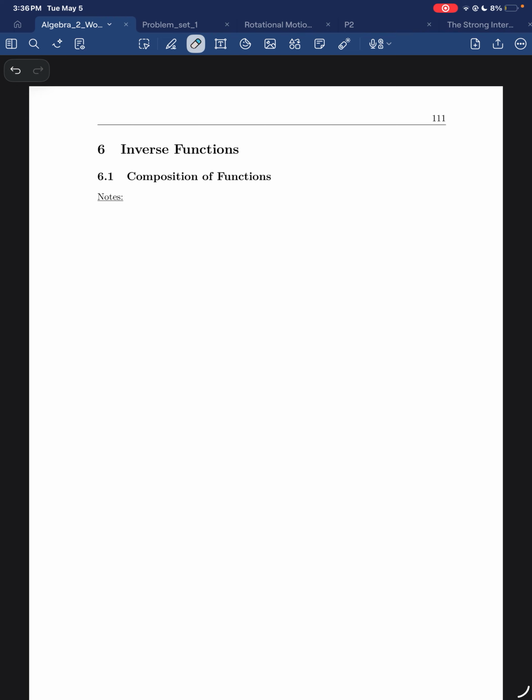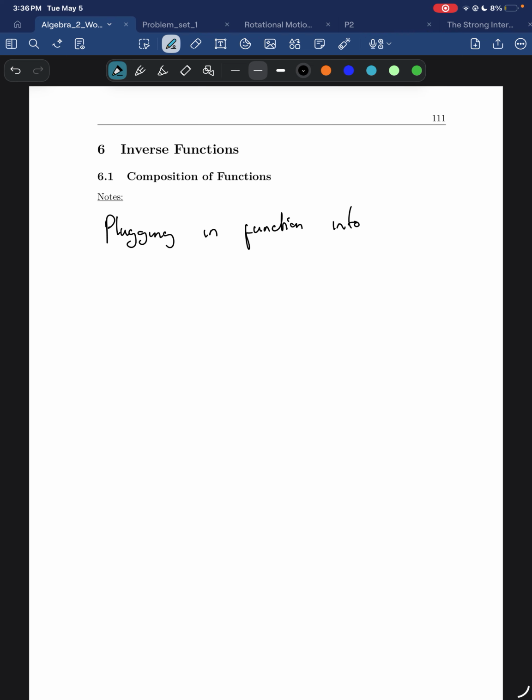So composition of functions, basically, the main idea is you are plugging a function into a function, right?